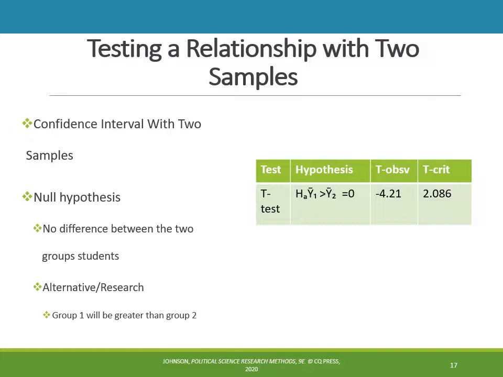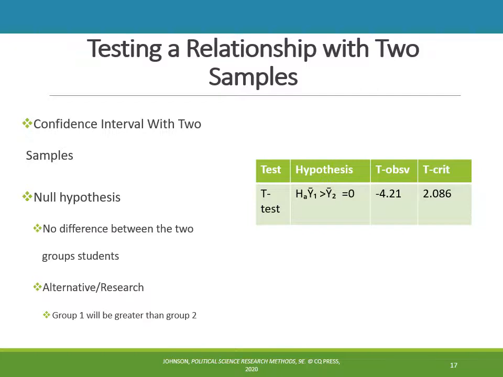It's higher. But the first step here, because we gave a directional assertion in our alternative hypothesis, we said that group 1 is going to be higher than group 2. The first step that we have to do is to see whether or not our observed value aligns with our alternative hypothesis. And if we look at our observed value for our alternative hypothesis, we're seeing less than for group 1 instead of greater than.